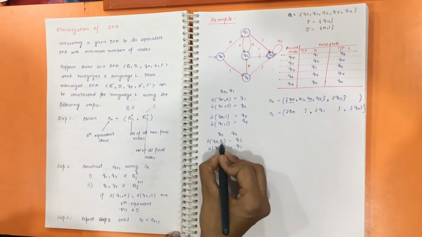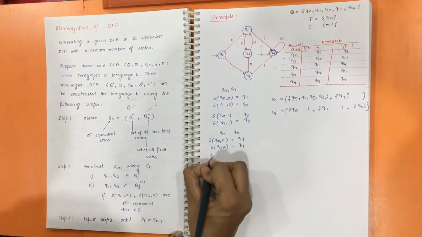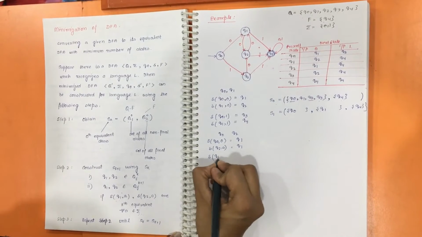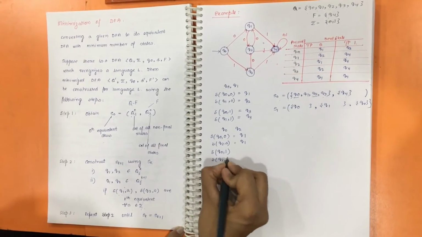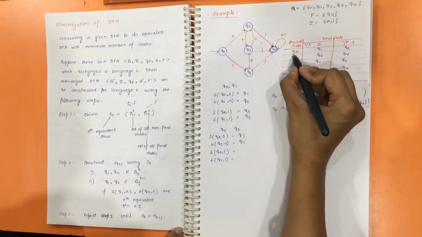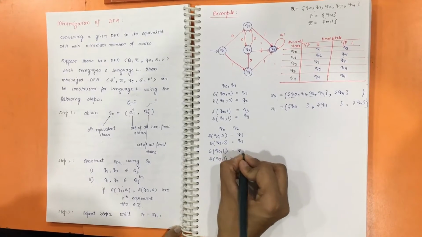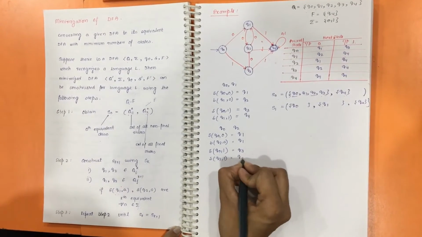Alright. Now we'll do this for all input symbols. Here we have only 2 input symbols. So again we'll obtain the next states for the other input symbol: delta of Q0 comma 1 and delta of Q2 comma 1. At state Q0 for input symbol 1, the next state is Q3, and at Q2 for input symbol 1, the next state is Q4.